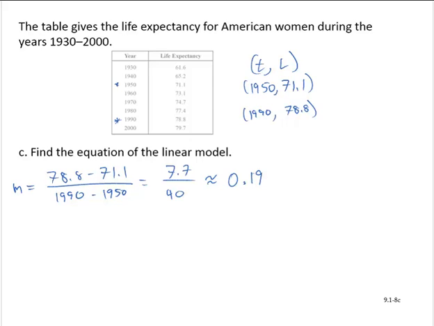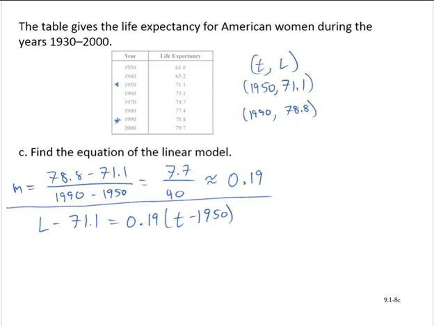Now using the point slope form, I can write L minus 71.1 is 0.19 times t minus 1950. Applying the distributive property, 0.19 multiplied by 1950 is 370.5, and I will add on 71.1.